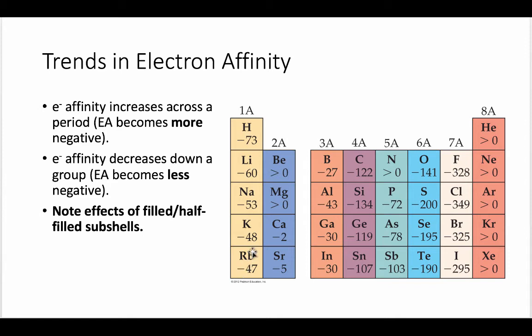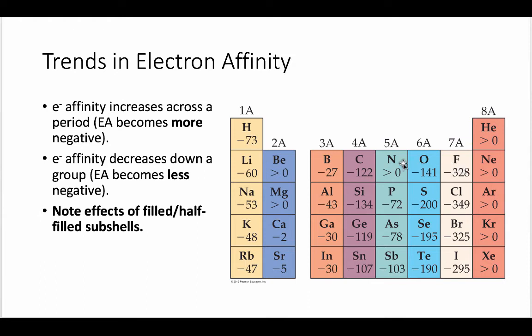And as we go across a period, for example, it's going to be hard because there's exceptions here. But in general, as we go across a period, they get larger. They become more negative. And so that means it's more favorable for it to gain an electron.